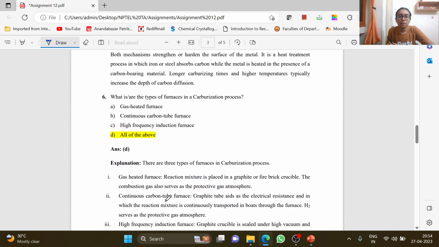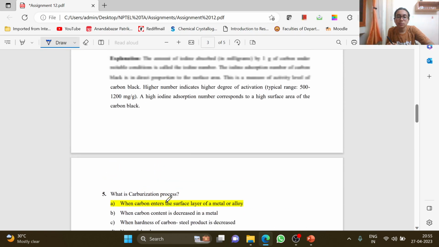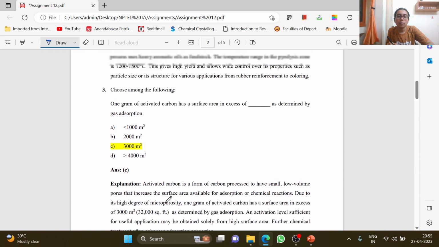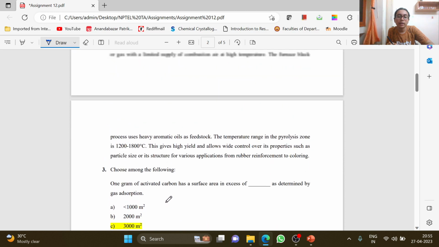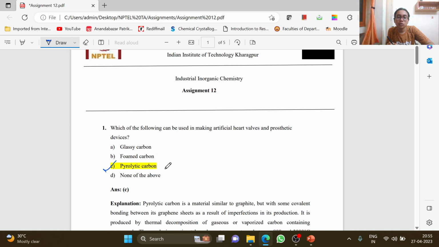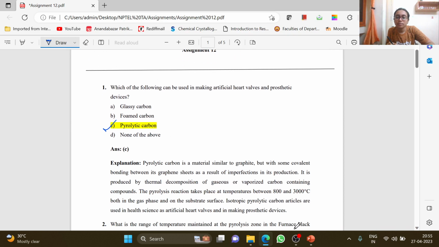So we have discussed some natural fillers, the carburization process, and the different forms of carbon like carbon black, activated carbon and pyrolytic carbon, and their uses in health science.